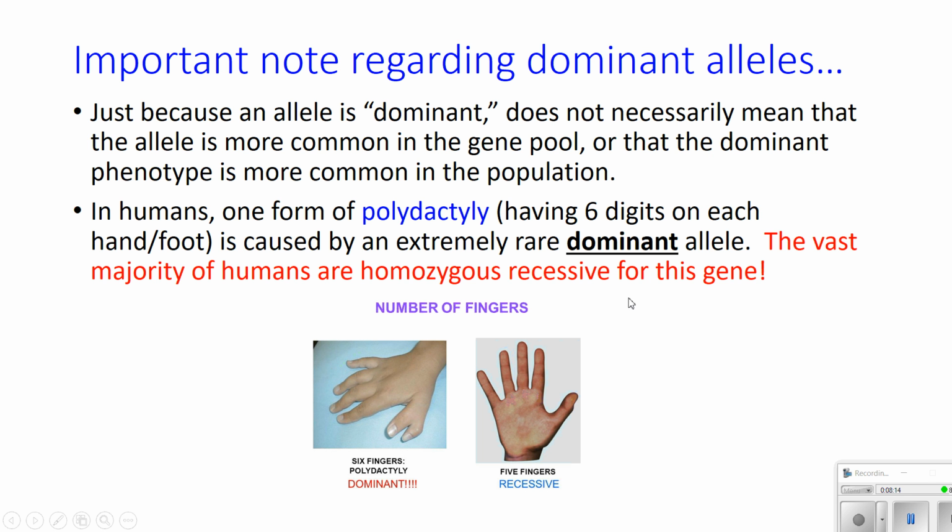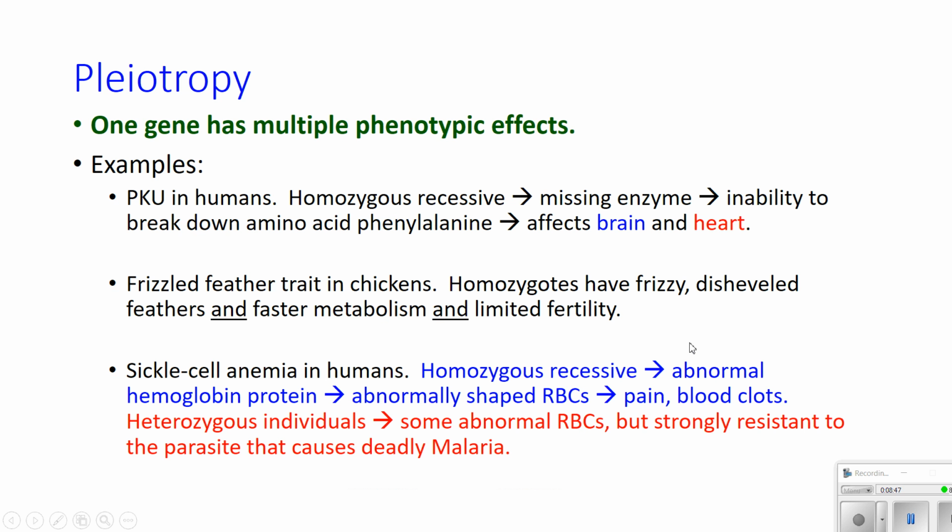So even though it's a dominant allele that causes you to have 6 fingers on a hand, it's an extremely rare allele that very few people on Earth have. And so this is consequently a very uncommon trait. So again, a dominant allele is not necessarily the one that's more common. Sometimes the recessive allele and the recessive phenotype are much more common than the dominant. So that's an important thing to understand.